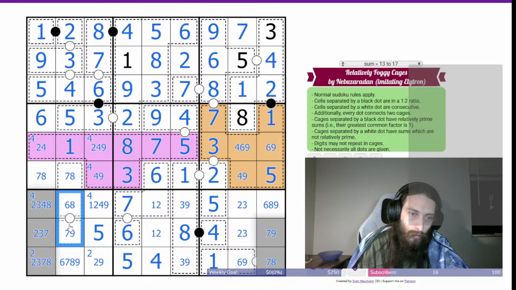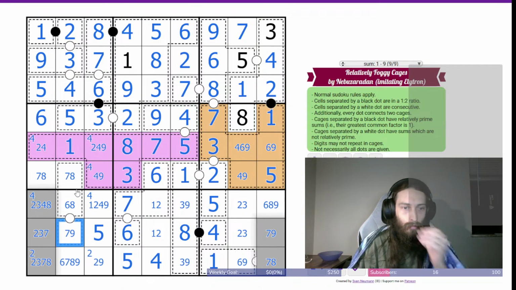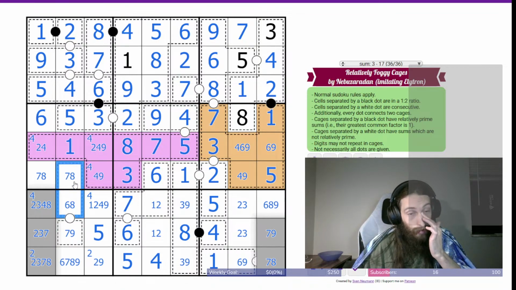And a white dot shares a factor. So if this was 7, 6 and 8 is 14. If this is 9, 8 and 7 is 15, which has 3.